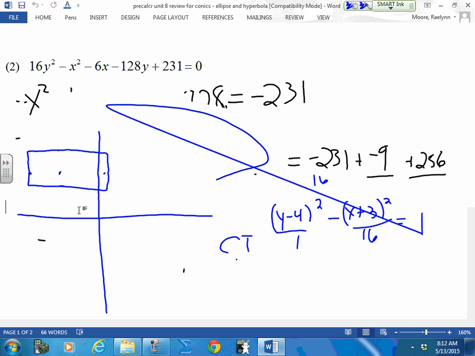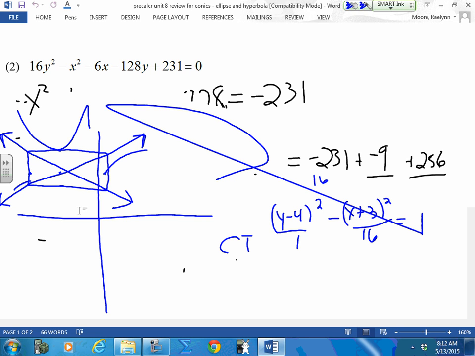And that's under the y term, so you're traversing off your y-axis, because the y is first. So it's going over 4, up and down 1, going off the y-axis.